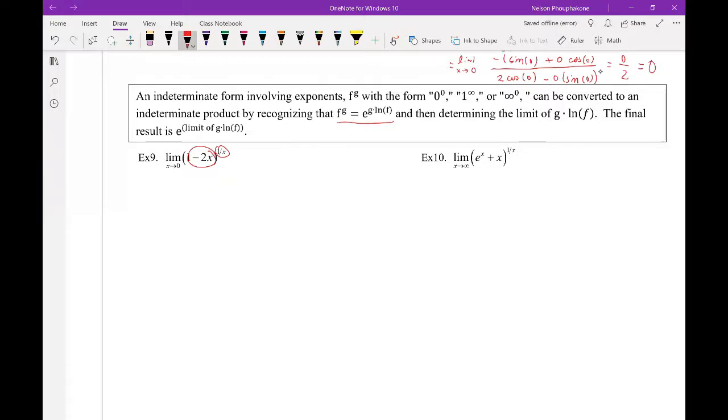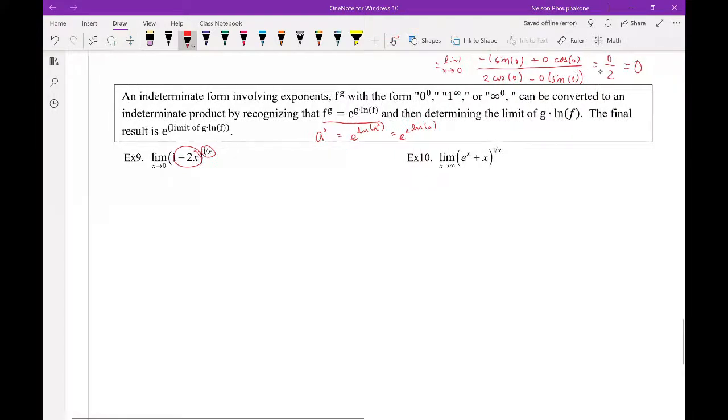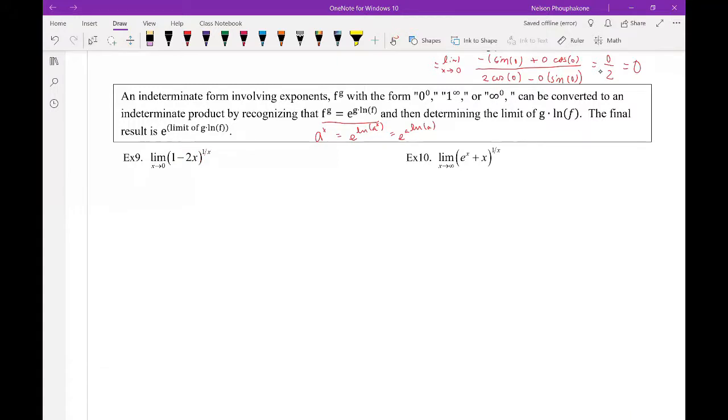So now if you don't remember this, if you remember that a to the x is the same thing as e to the natural log of a to the x, then this is exactly how we rewrite this. So this is actually the idea. So you could go back to the logarithm, look at the properties. Okay, so now let's try this.